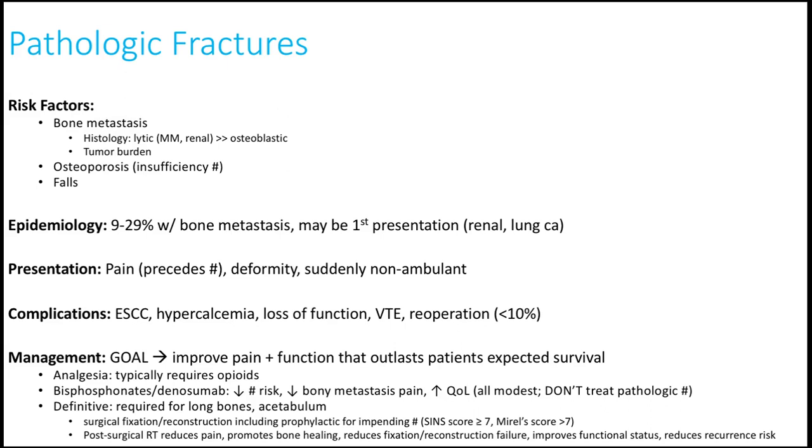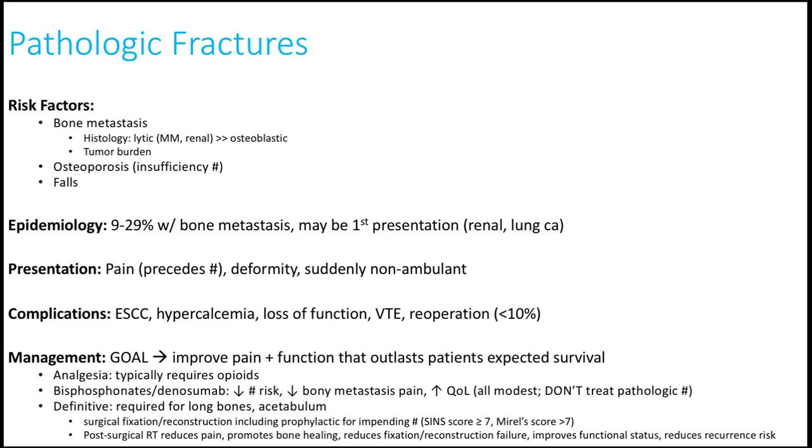So again, this is common in patients who have cancer types that commonly metastasize to bone, and really the greater the burden of tumors that we see in the bones, as well as the type of tumor, depends on the likelihood of someone having a pathological fracture.